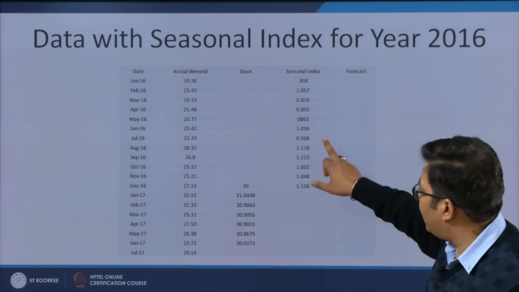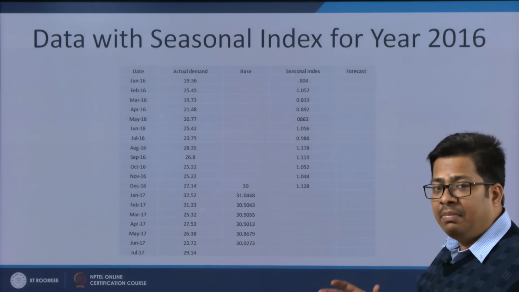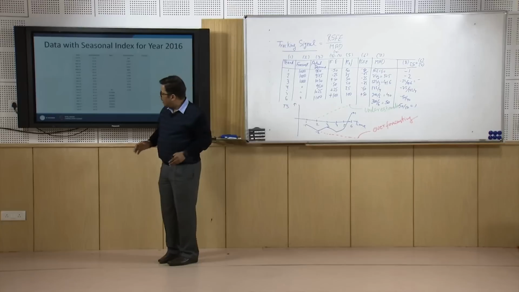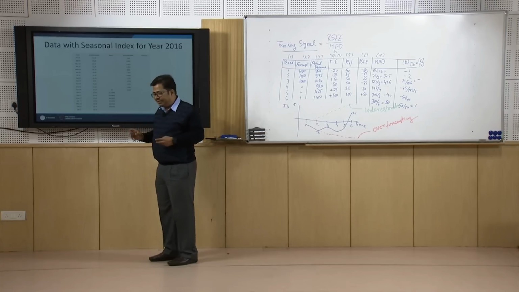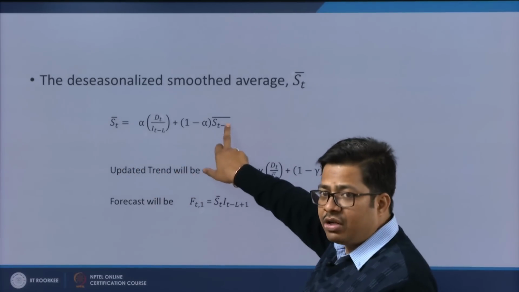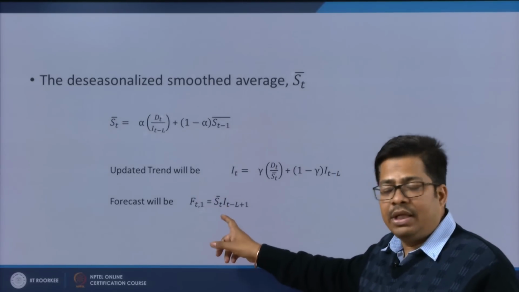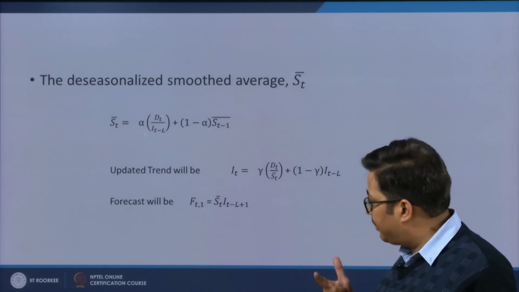So, 29.14 divided by 0.988 multiplied by alpha is one component of my updated base, plus a part that will come from 30.0273, which will be multiplied by 1 minus alpha. In this way I will get my updated base value for July 2017. When I multiply this by the seasonal index of August 2016, I will get the forecast of August 2017.